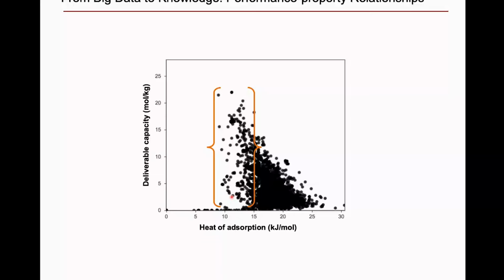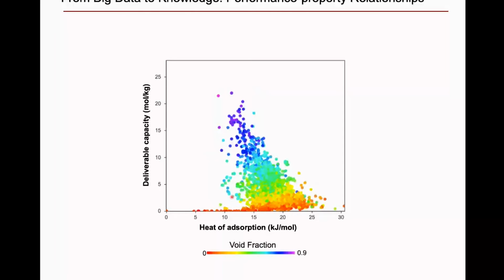Now, if I change the plot from a two-dimensional plot to a three-dimensional one, so if I color the data points or my MOFs according to a third property of my materials, which is the void fraction.